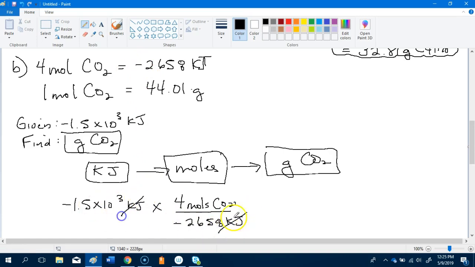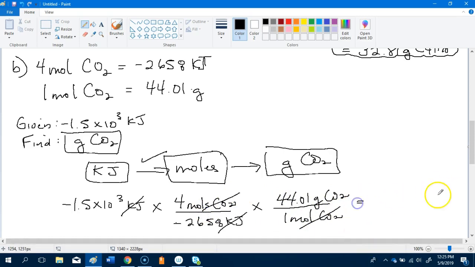My kilojoules will cancel out. So I've done that one. And now moles to grams of CO2. I'm going to put 1 mole of CO2 at the bottom, and that's going to be equal to 44.01 grams of CO2.